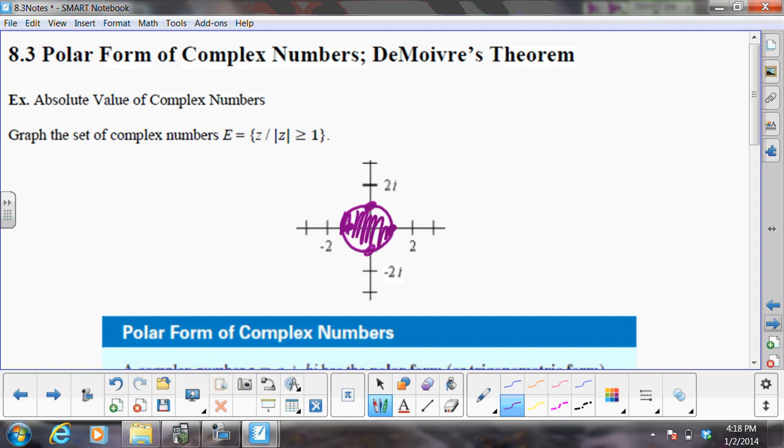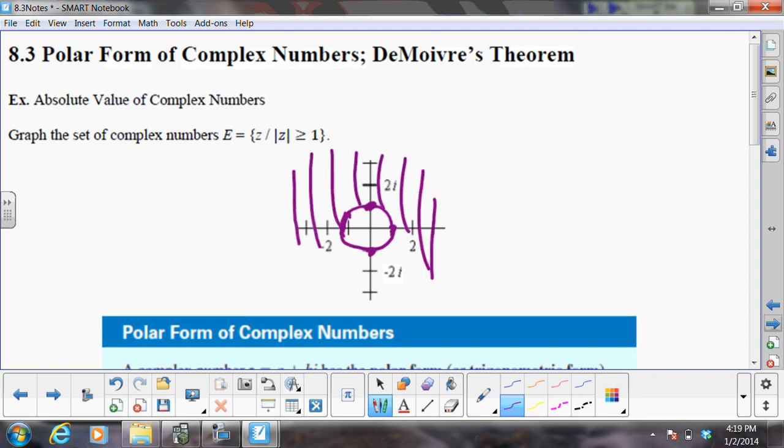I think that's shaded wrong. That wouldn't make sense. Look at my notes being wrong. Greater than 1 should be out here, outside the circle, not inside the circle. If it was less than or equal to 1, then it would be inside the circle.